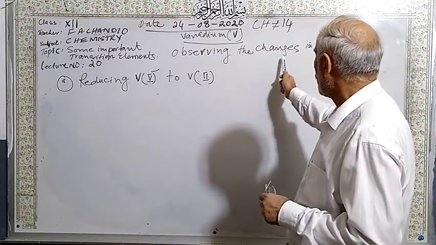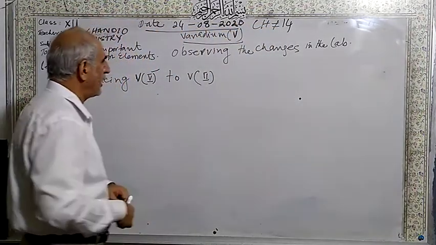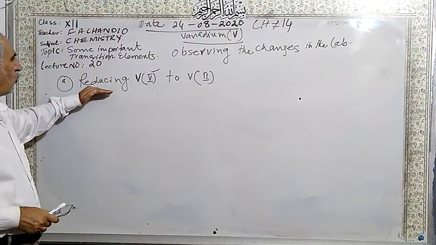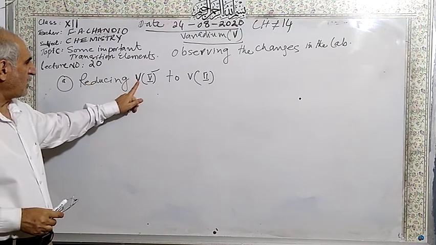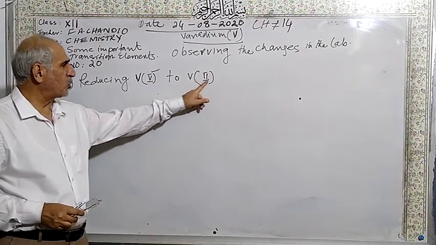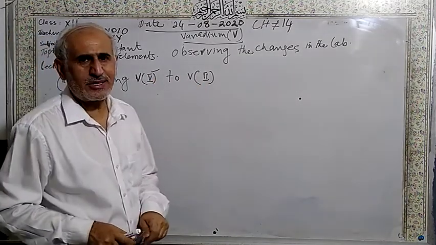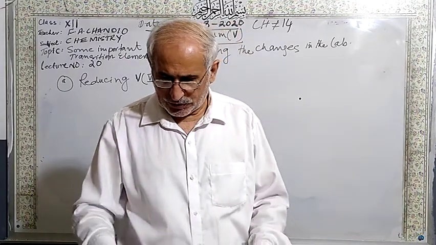So in the laboratory, when we are going to do the experiment, how does vanadium reduce, changing vanadium 5 oxidation state to vanadium 2 oxidation state? How does this change take place in the laboratory?